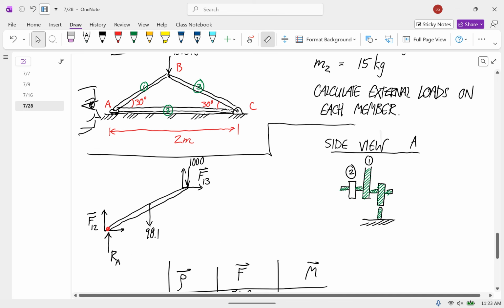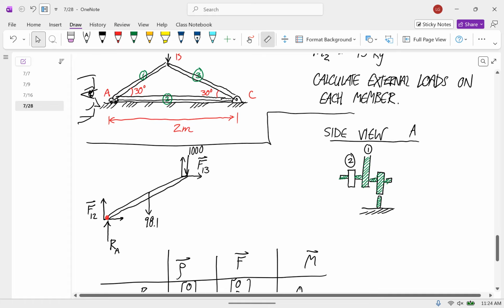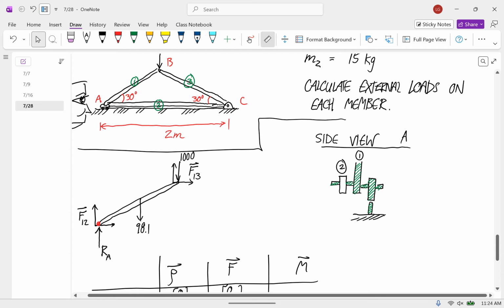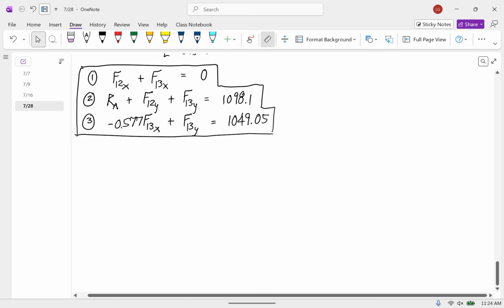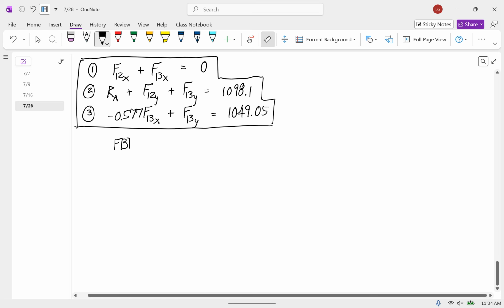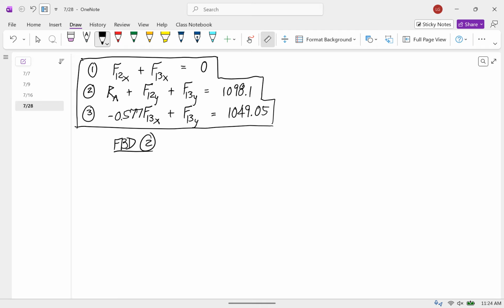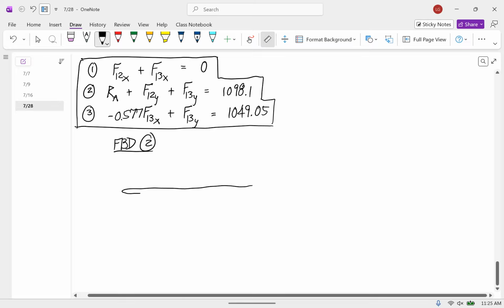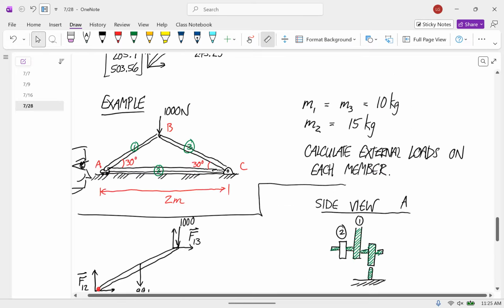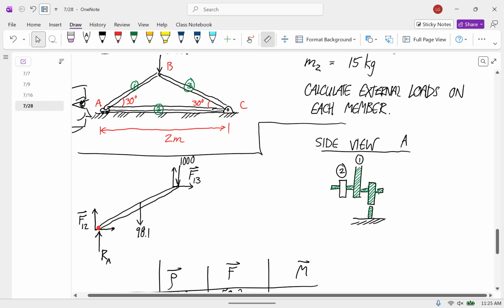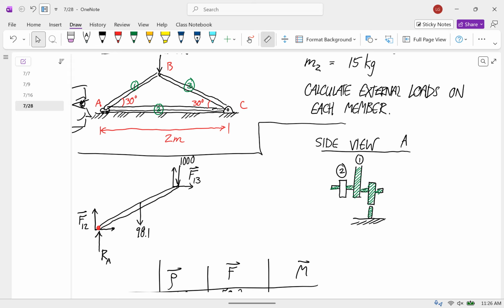Okay, so now we're going to go to a free body diagram of number 2, the horizontal member. I'll give you a couple minutes to draw a free body diagram for that. Okay, so there's the body. When we looked at that side view of A, we figured out that member 2 does not touch the ground. So we're not going to have any reaction from the ground.